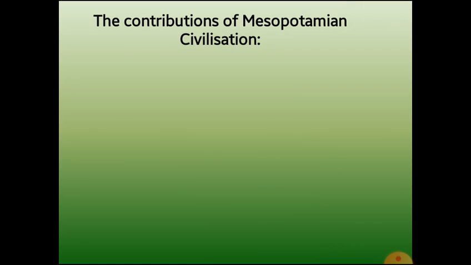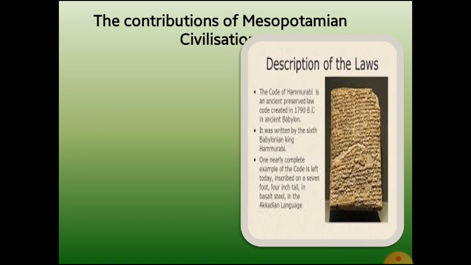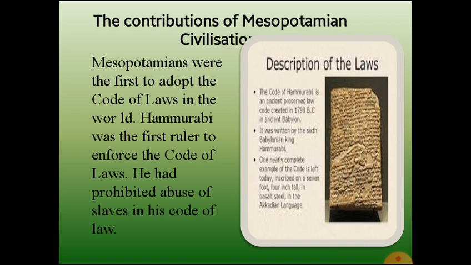Now we shall learn about the contributions of the Mesopotamian civilization, and in this we are discussing the laws. Mesopotamians were the first to adopt a code of law in the world. Hammurabi was the first ruler to enforce the code of laws.